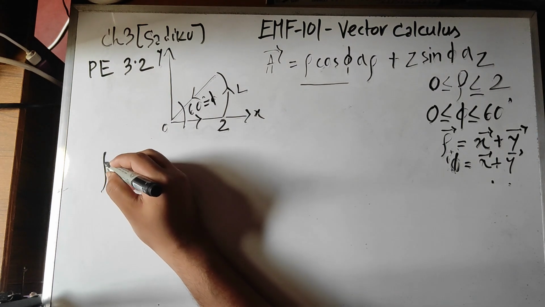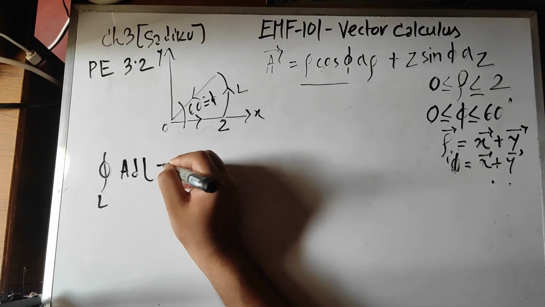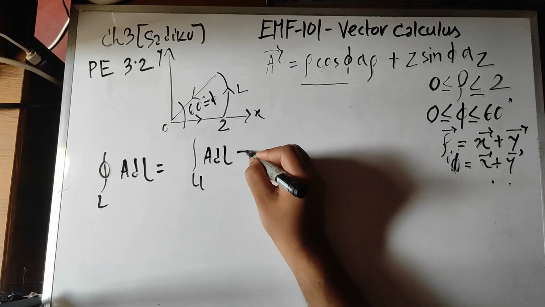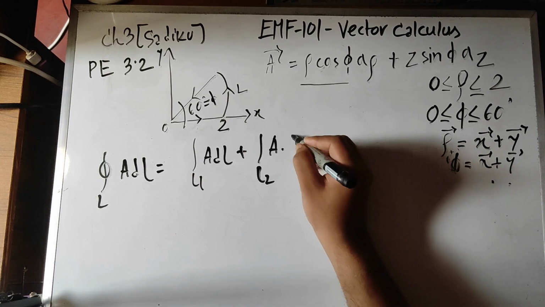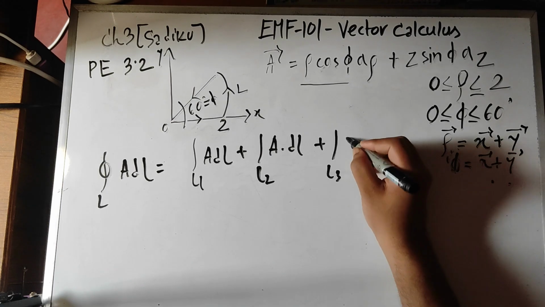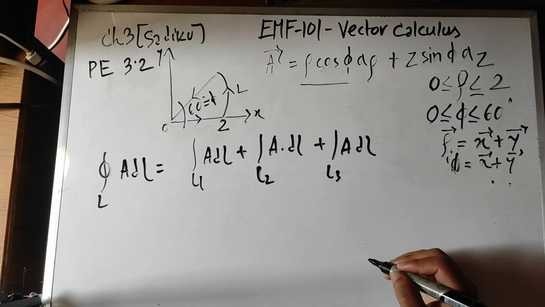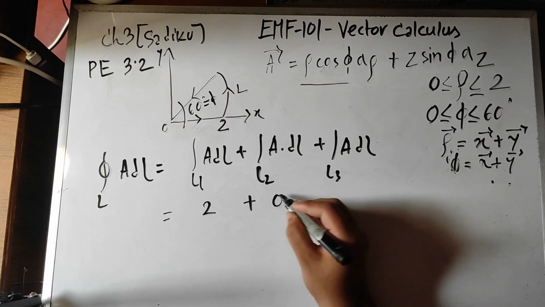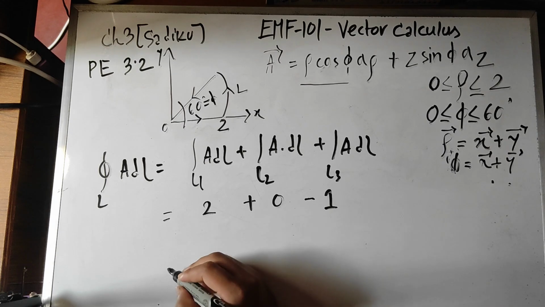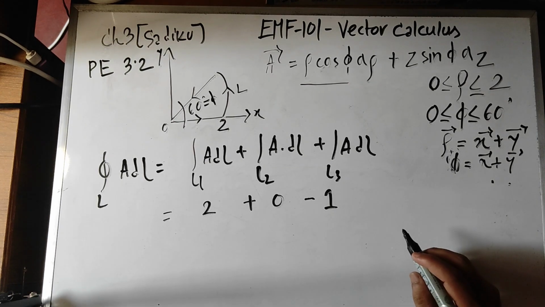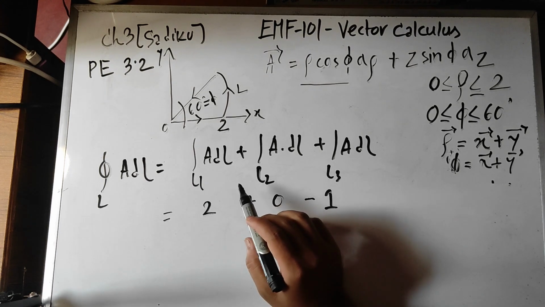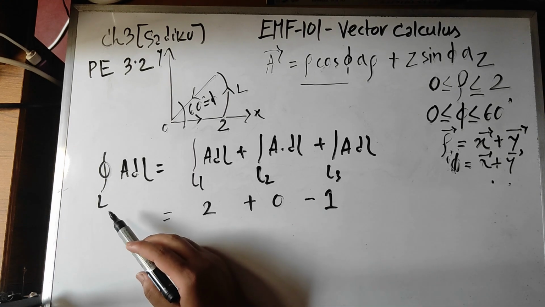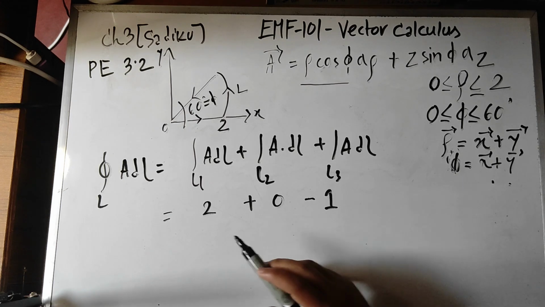So for our full closed loop integration, the full line integration, after integrating along all the paths we have designated, L1, L2, L3, which is the full circulation, we got our values.